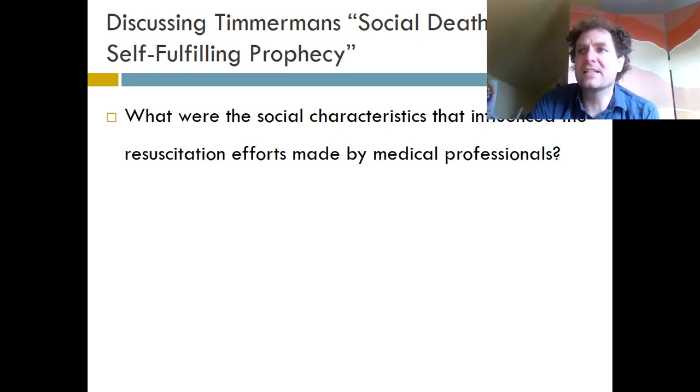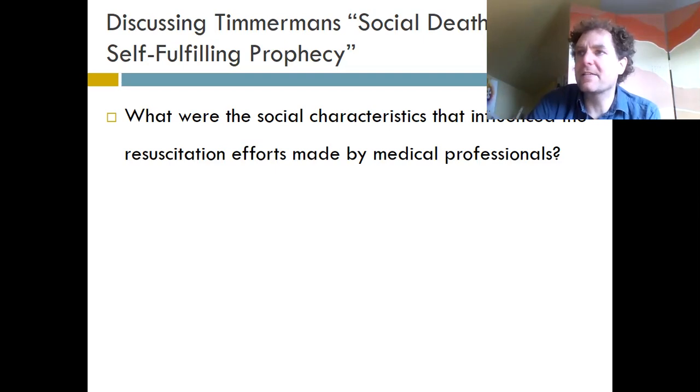And then other things, just like simply social status. So Timmermans shows how people who are wealthier are more likely to survive. White males are more likely to survive than people of color. And so the social status of the person increased their chance of survival.